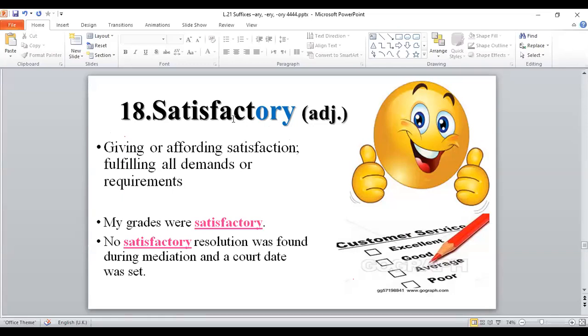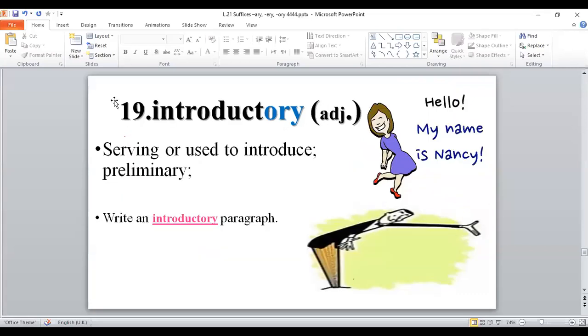Then satisfactory. We have taken this word before. We said satisfactory means in the middle, not good and not bad. Like, my grades in English are satisfactory. Then we have the word introductory. It comes from the word introduce.